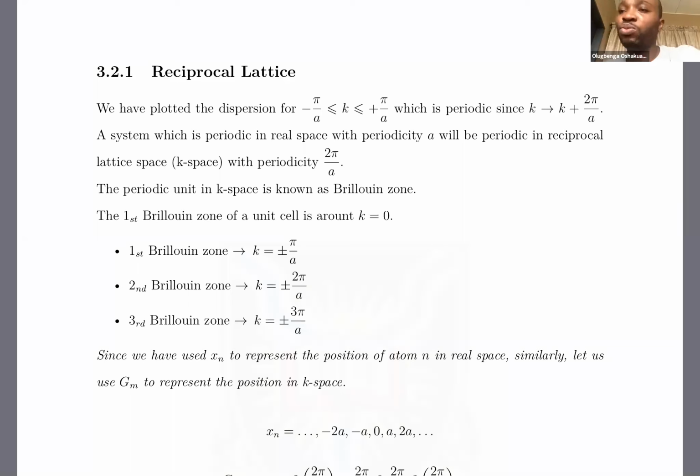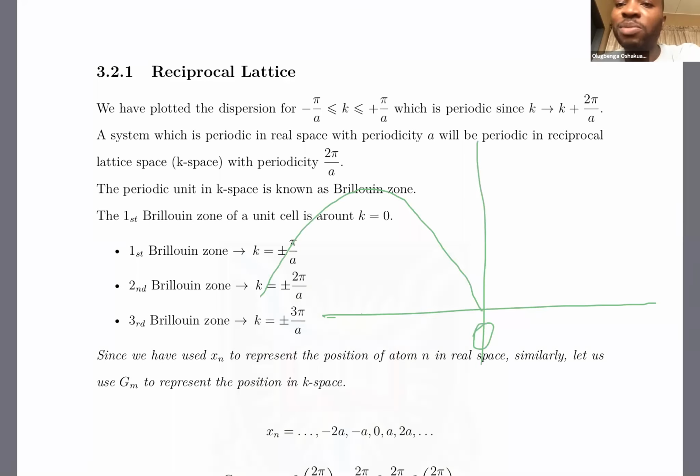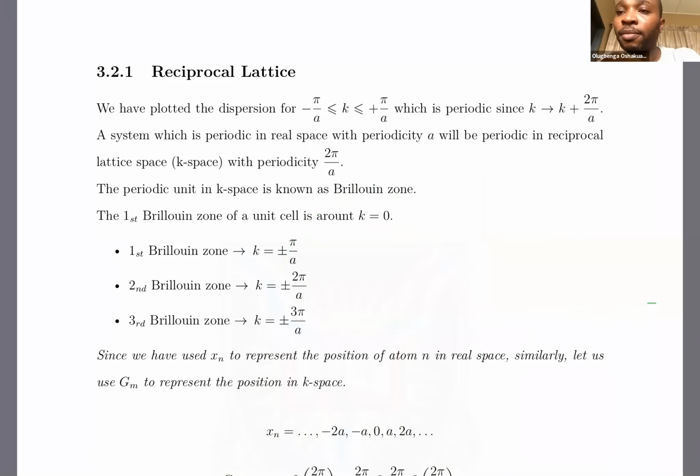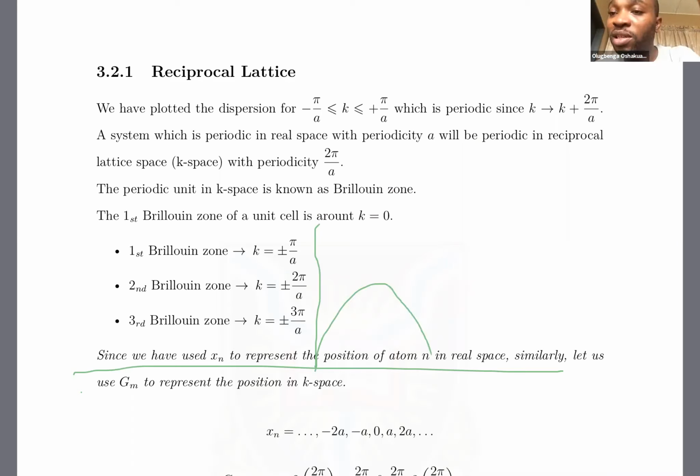And one thing I want you to also notice is that in our dispersion relation curve, this is the origin, and let me make it a bit smaller. We call this wave vector. We call this angular momentum. It is actually something like this. So this is 0, and the distance of separation at this point.